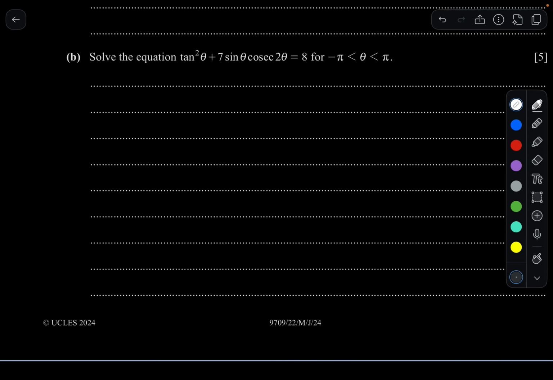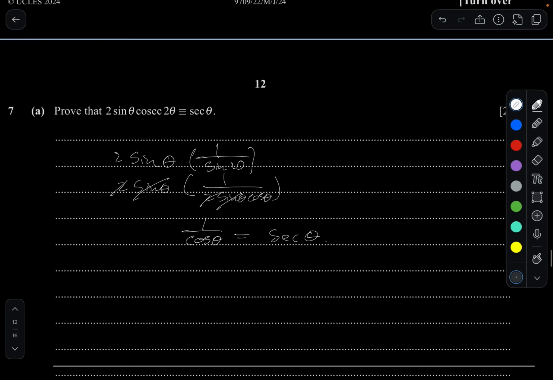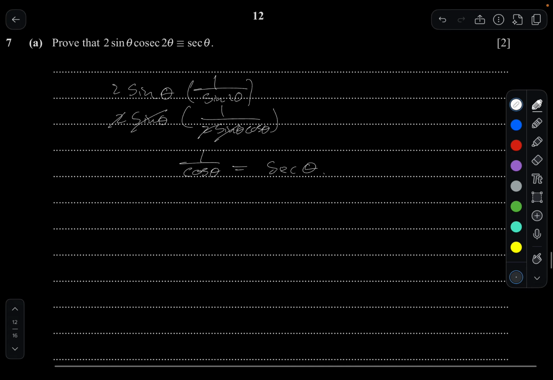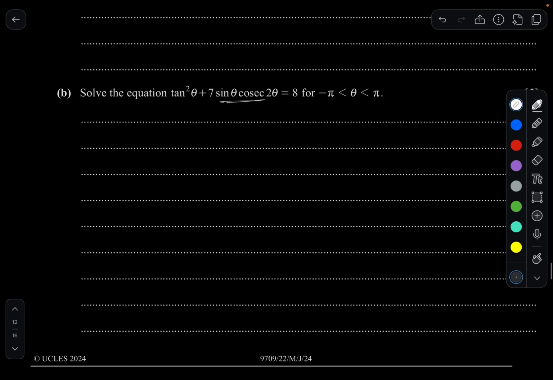And then they say solve the equation of this part. To solve this equation, it's quite simple. Firstly, you're going to convert this guy into sec. You have a 7 there. You didn't have a 7 there, you had a 2. So you can see the ratio degrees are the same. So you can basically just change the 7 into a 2 outside.